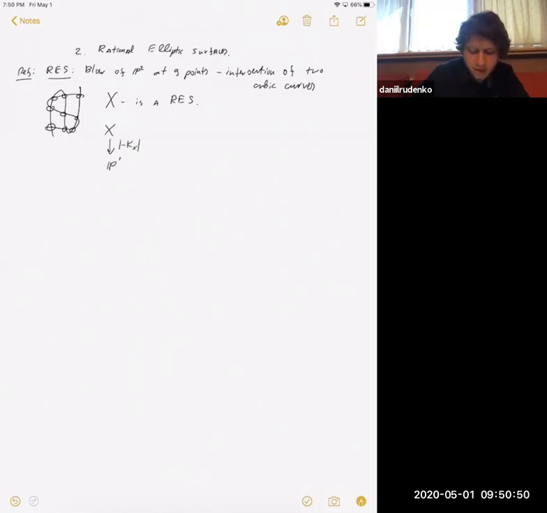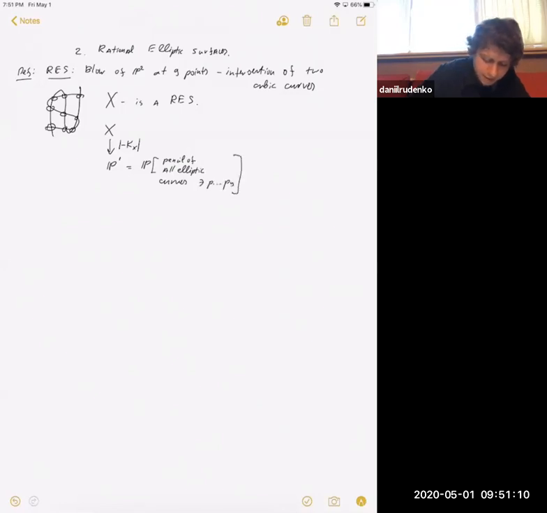P1 is actually just the projectivization of the vector space of the pencil of all elliptic curves containing these points P1 up to P9. And the map just takes a point on the plane and constructs a unique elliptic curve passing through this point and the 9 points which we blow up.